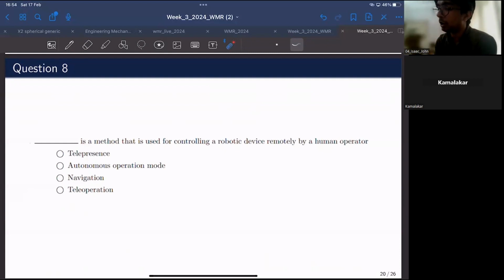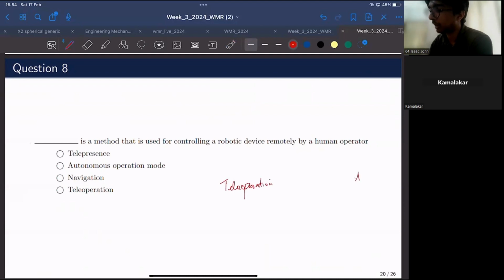If you can recall the slide that we showed at the beginning, there were two different modes of operation: teleoperation, and at the other end, the autonomous mode of operation. Is it telepresence? Is it autonomous operation mode? Is it navigation? It is teleoperation.